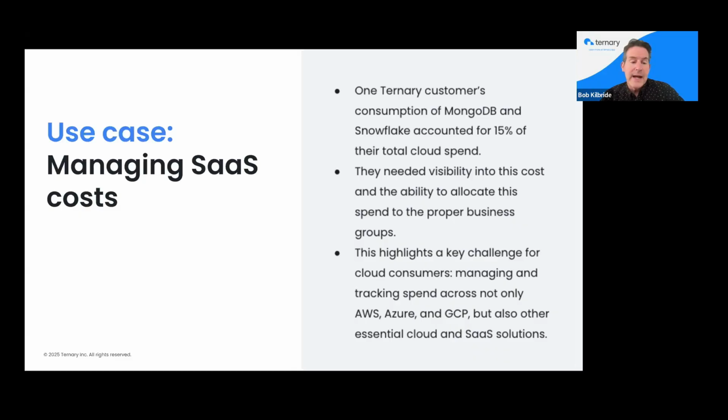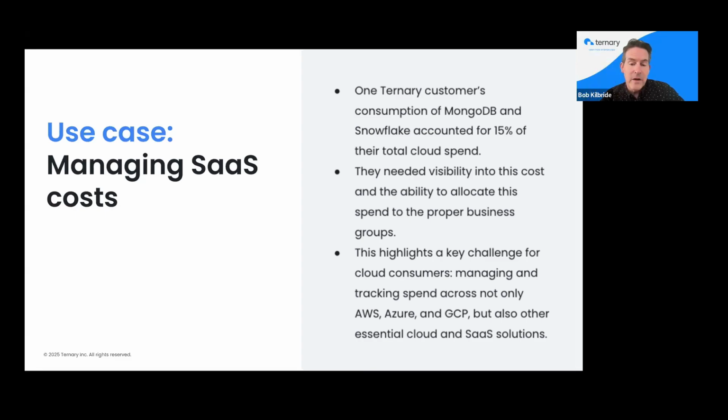But these SaaS applications and these cloud service applications that are running on top of the CSPs are just as important now to track. In some cases, I had a client tell me that after AWS, they were using Databricks, and Databricks was easily the second largest cost for them in any given month. So it was important for them to get visibility into that usage, but also get recommendations for optimization for that as well.